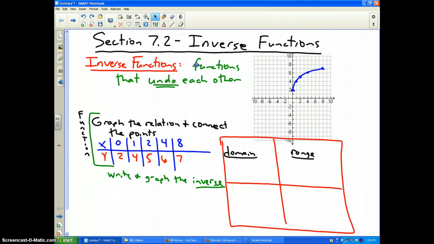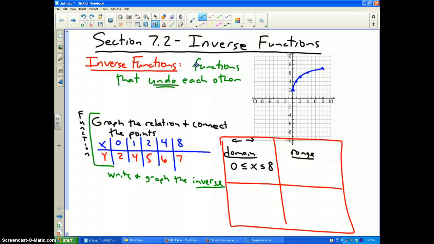Now, the domain. Remember, the domain goes this way. How far the numbers go in the x direction. Well, it looks like my domain, when I connect it, starts at 0 and it ends at 8. So my domain is all values for x that are between 0 and 8. The range. Range goes the opposite way.